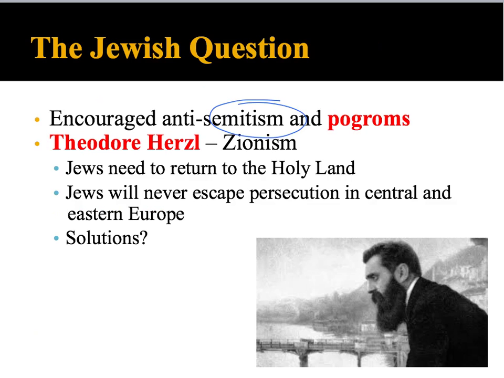Britain actually, to their credit, comes up with an idea, and they tell Herzl and his Jewish Zionist movement that they've got a land for you, somewhere you can settle. It's in present-day Uganda.